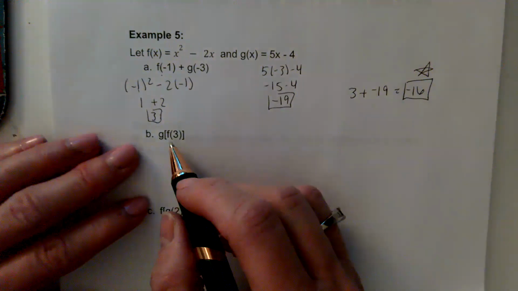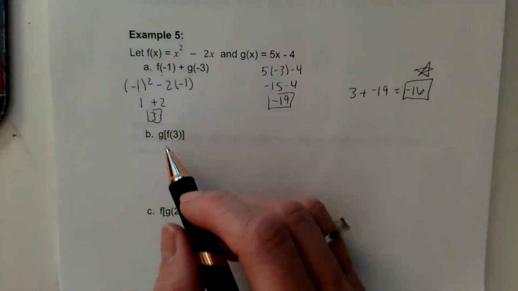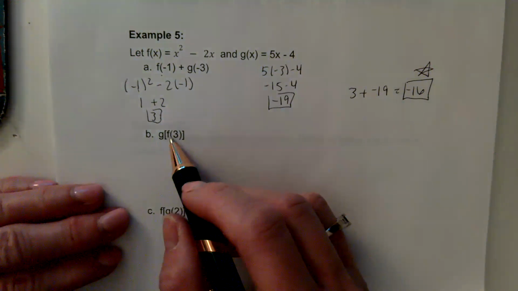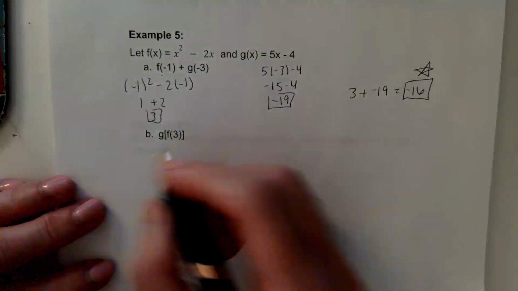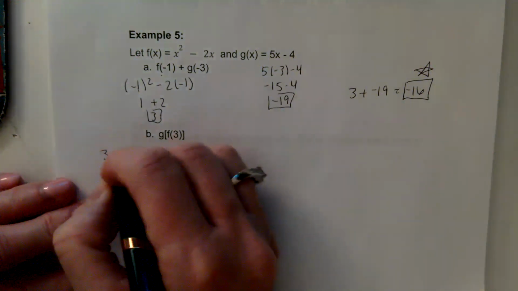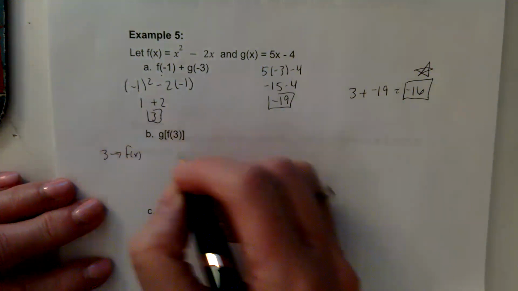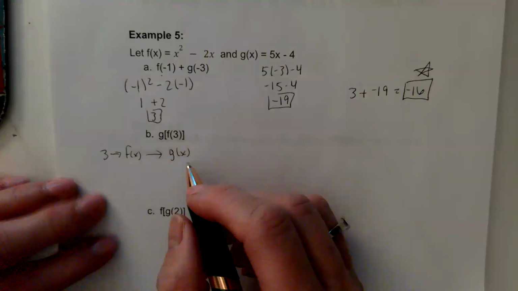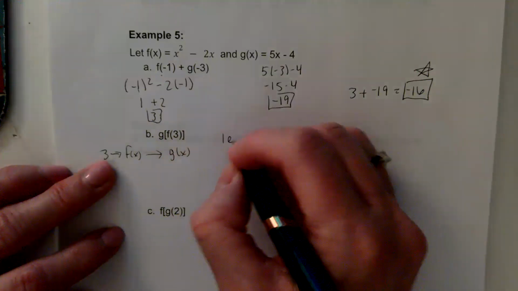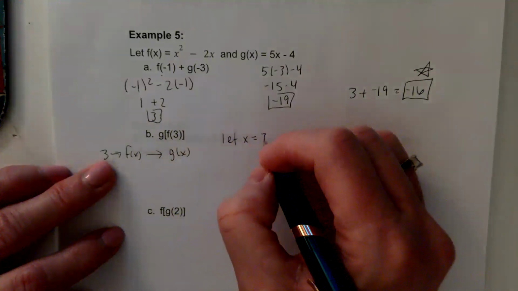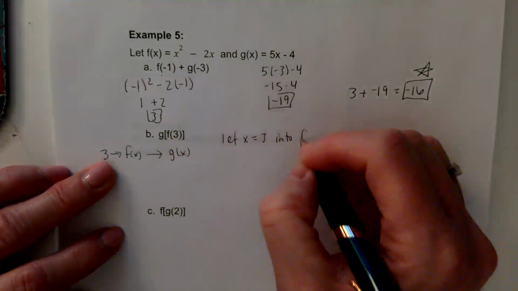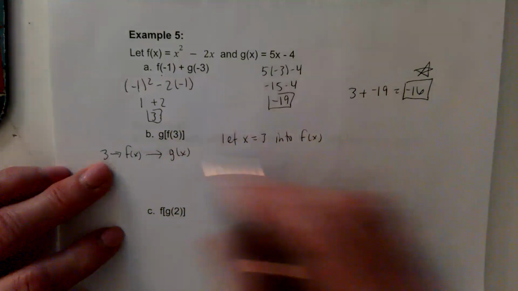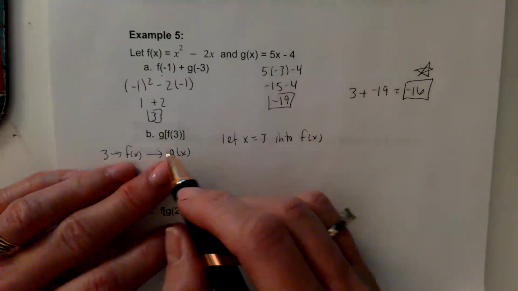Now B says G, and then we've got F and then 3. So this means that 3 is going into F of X, and then that result is going into G of X. So let's let X be 3 going into F of X. You should be writing all this down because this is a two-stepper.